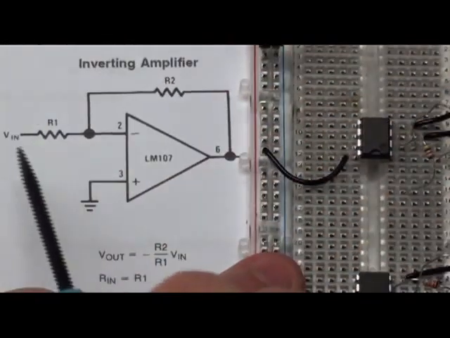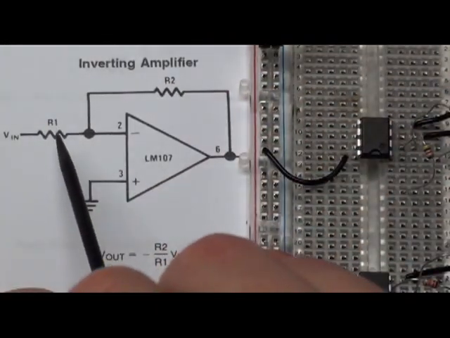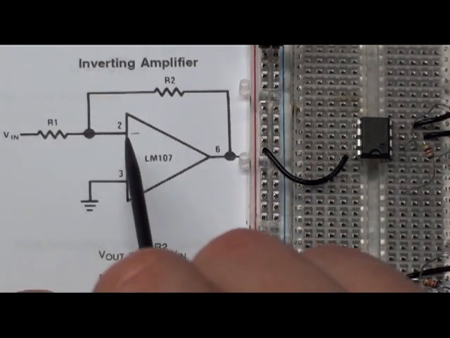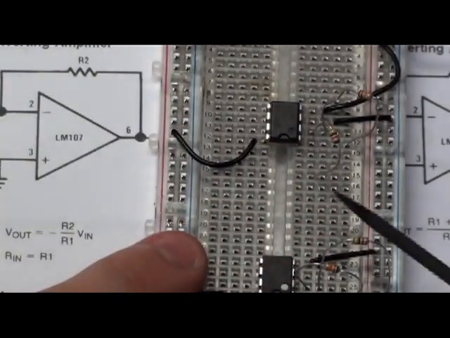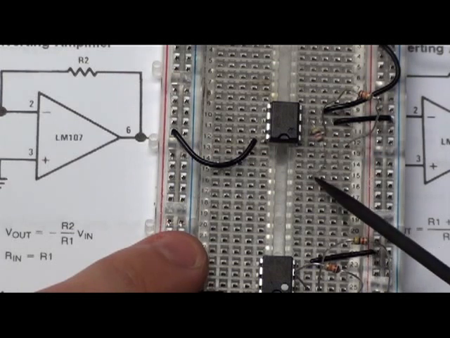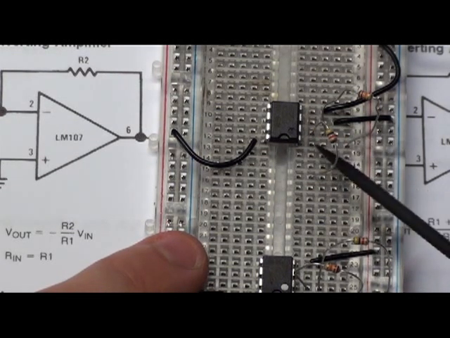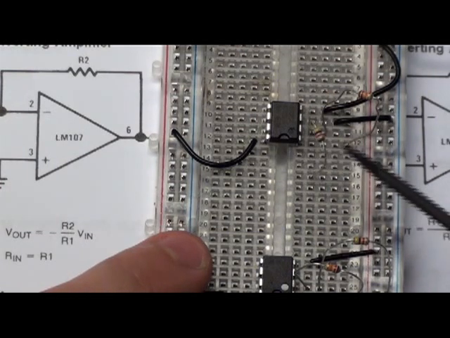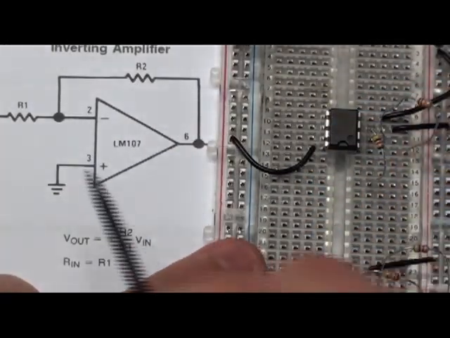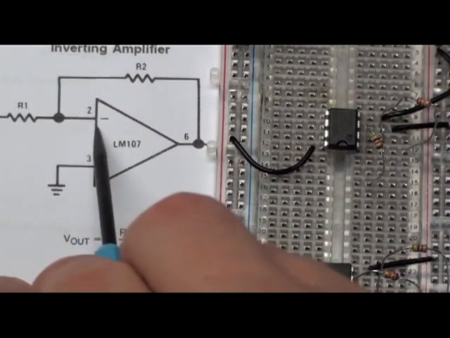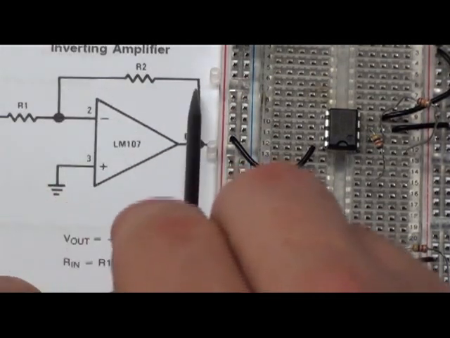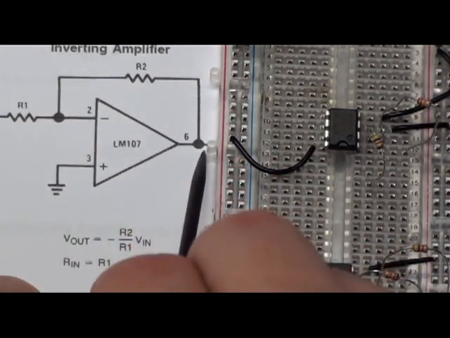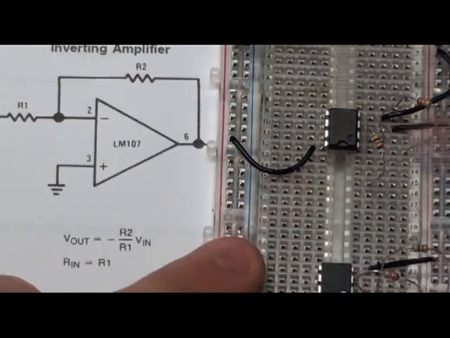So we want to go from V in into a resistor into pin 2. I'm pretending that this row is my V in, this is the resistor we're going through, and we go all the way into pin 2. Now down here we want to go from the minus through a resistor into pin 1.